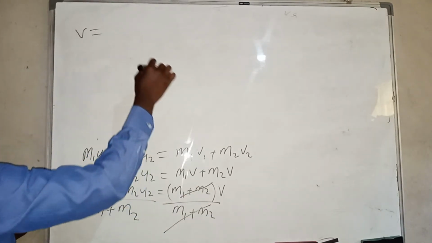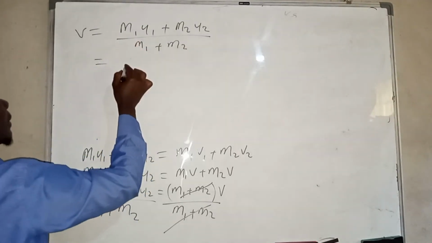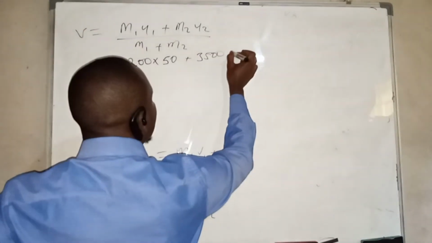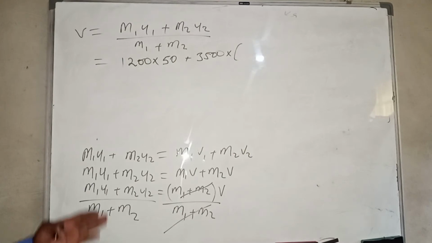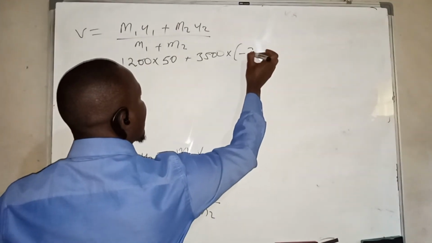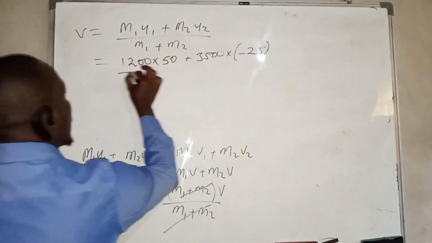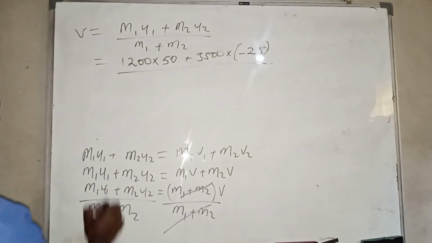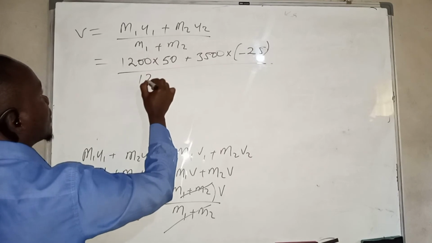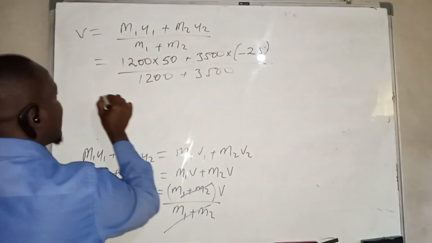Then we have v is equal to, when you plug in the values, m1, it is 1,200 kg, times u1, which is 50. We know that the other truck was coming in the opposite direction, so it has negative 25 meters per second. So this one over m1 plus m2, so 1,200 plus 3,500.